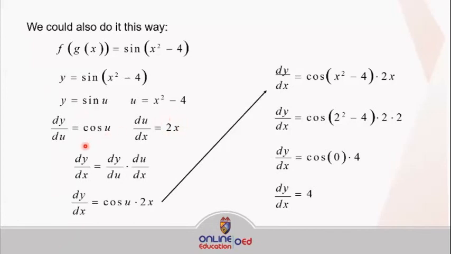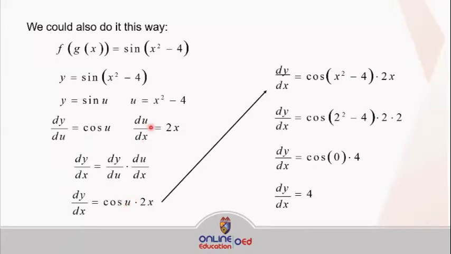And then, application lang ng formula natin for the chain rule, which is dy over dx is equal to dy over du times the du over dx. We have yung cosine u natin, which is the dy over du, and multiplied natin siya sa du over dx, which is the 2x.